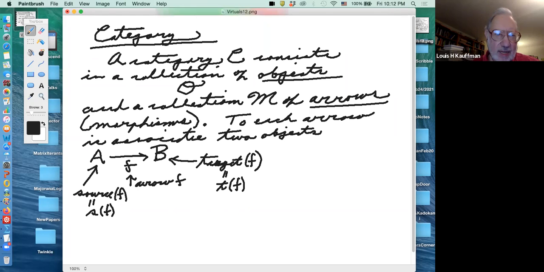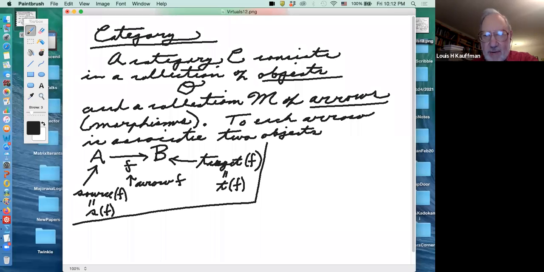So it's just like a graph, right? You have a directed edge, and there are two nodes associated to the edge in the graph. And then we have some axioms. So up till now, what I've told you is that I have a directed graph.